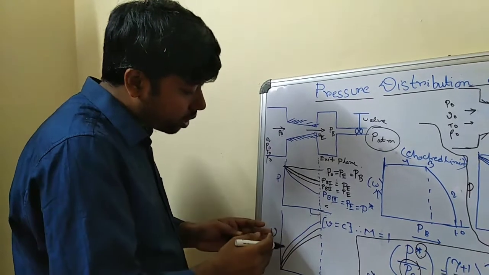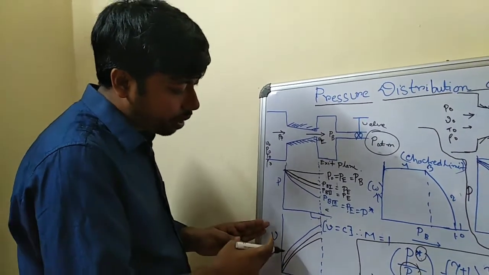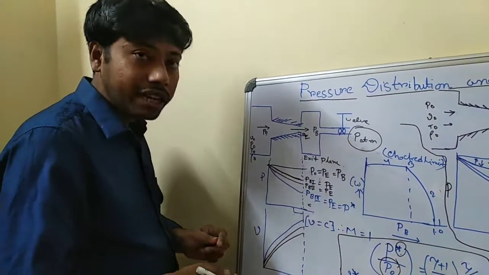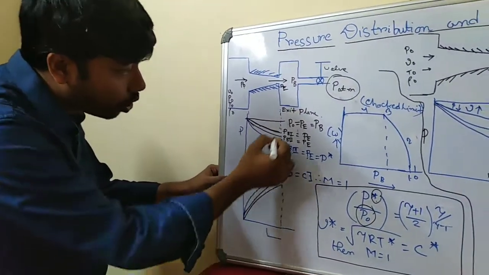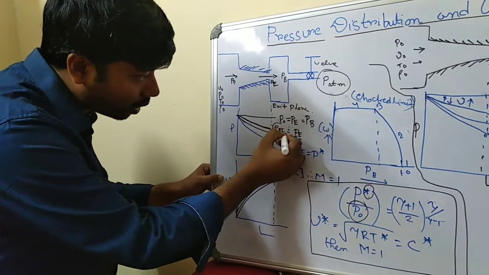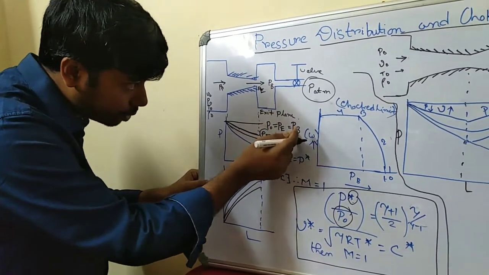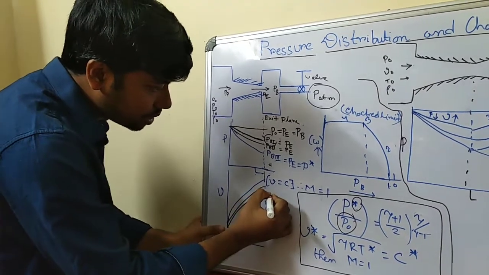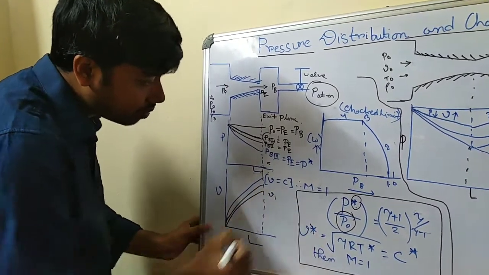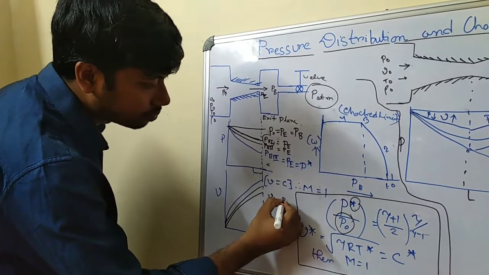Okay, now if you draw a diagram with corresponding velocity with respect to the length of the duct. Now, suppose this is the velocity. When you reduce the pressure from PB to PB1, there is some velocity, that is V1, corresponding to PB1, right?